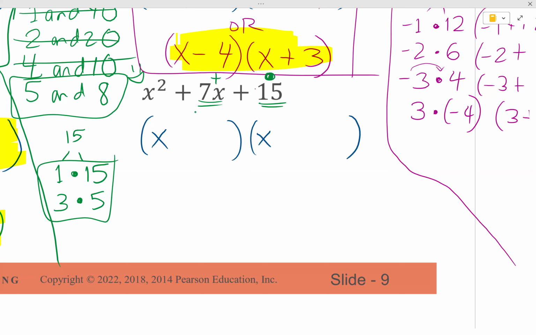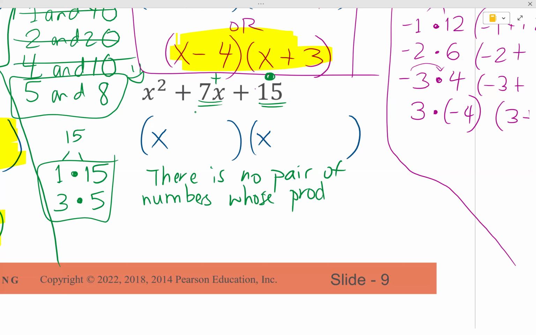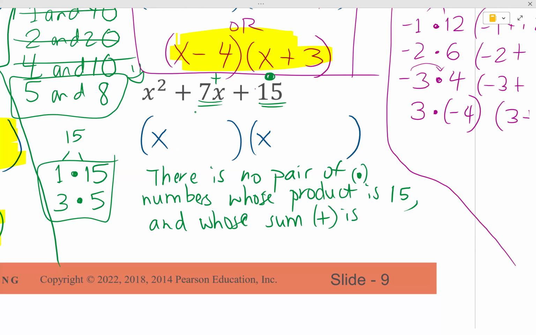I think that this means there is no pair of numbers whose product, in other words, that multiply to 15, and whose sum, in other words, adding, plus, product means multiply, is 7.